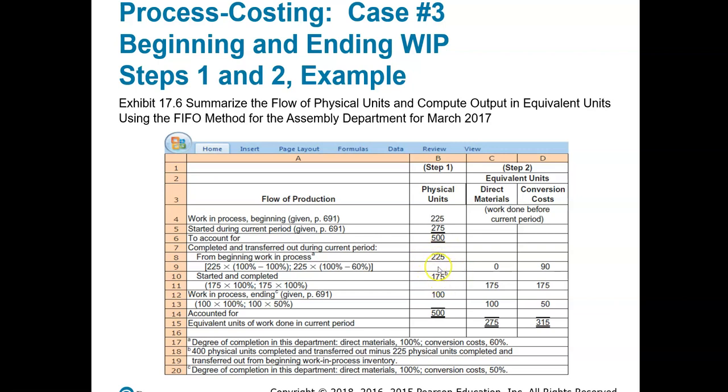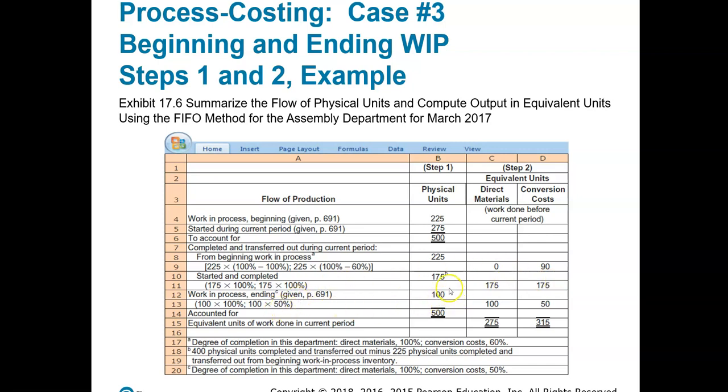The remaining 175 I started and completed this period. So under first in, first out, the units started and completed have all their direct materials and all their conversion costs. So I take my units started and completed and multiply each of those by 100% to get 175 for both direct materials and conversion costs.